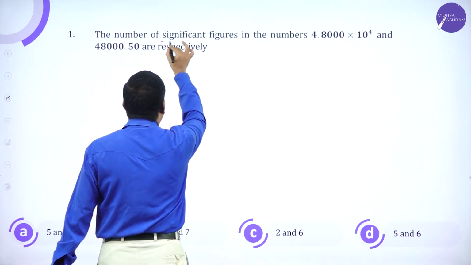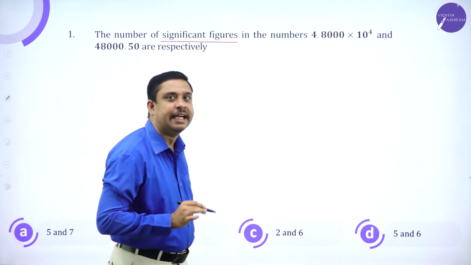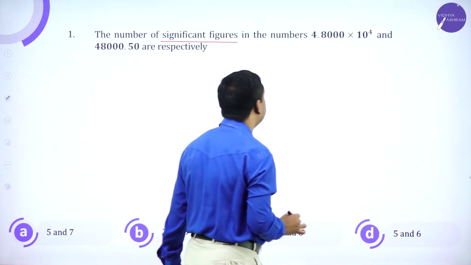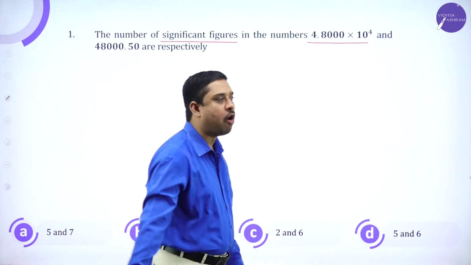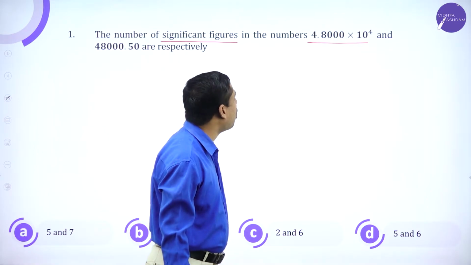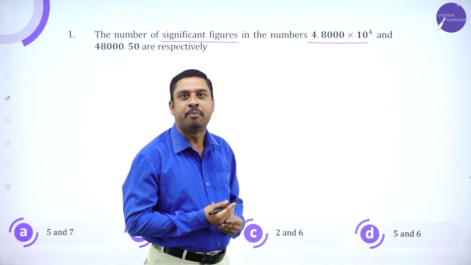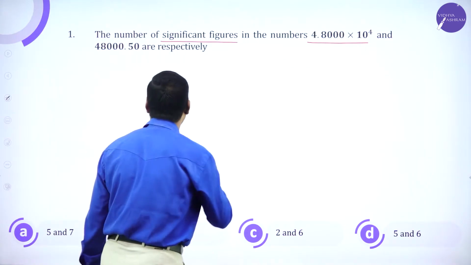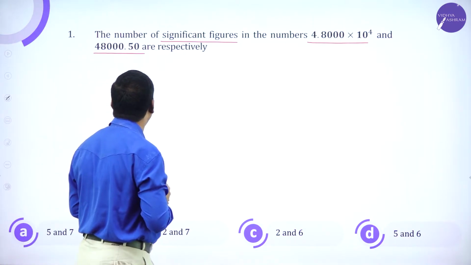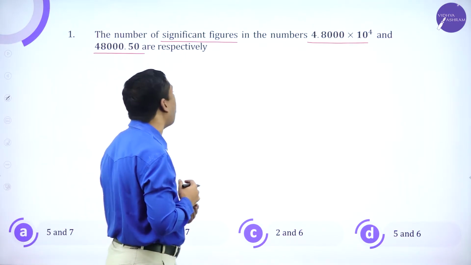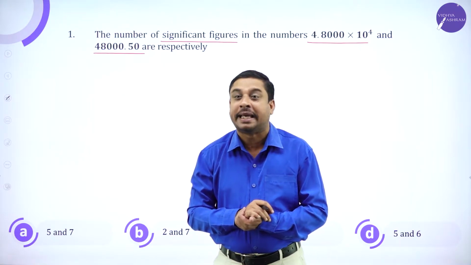The number of significant figures in the numbers 4.8000 into 10 power 4 and 48000.50 has to be given.